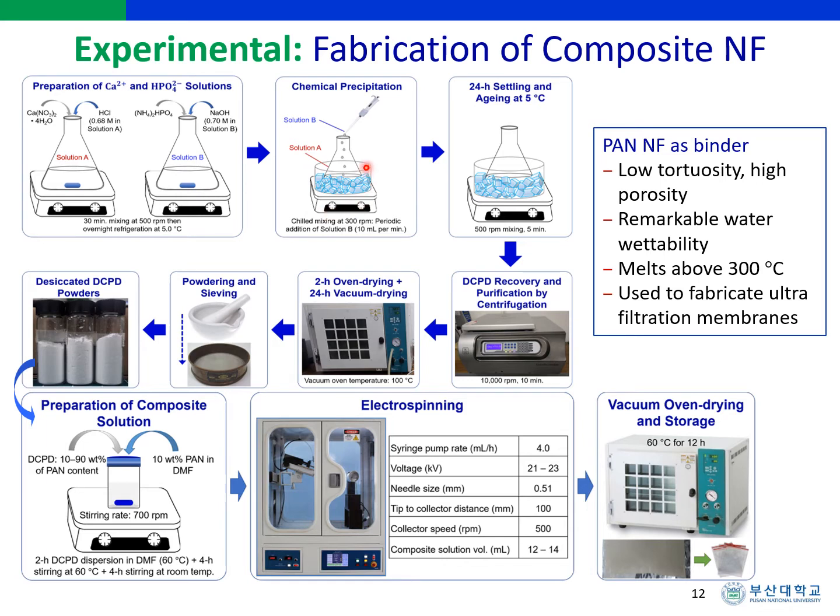An Erlenmeyer flask with solution A was then placed in an ice bath and continuously stirred at 300 rpm. Solution B was added periodically to solution A at 10 ml per minute. The resulting heterogeneous mixture was stirred at 500 rpm for 5 minutes and then refrigerated for 24 hours at 5 degrees Celsius.